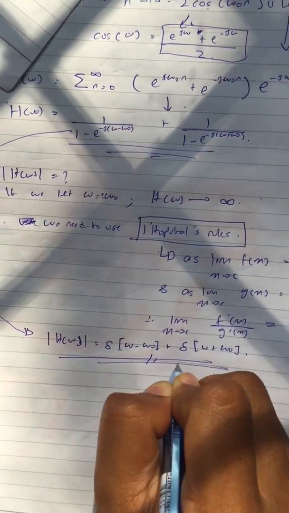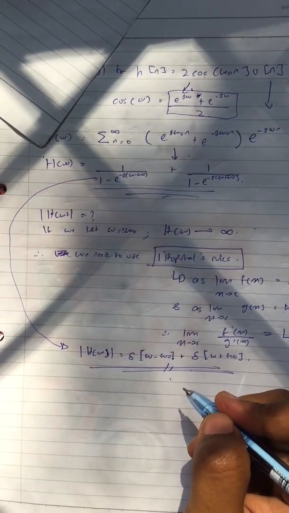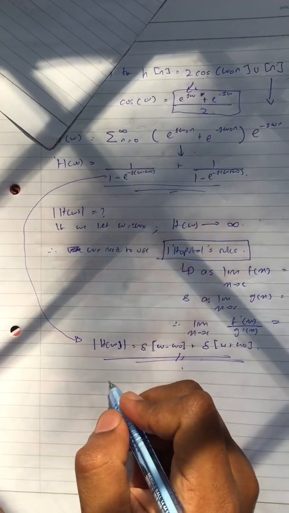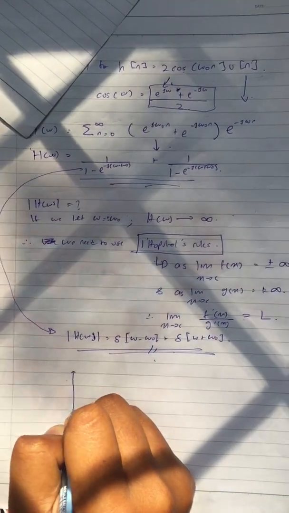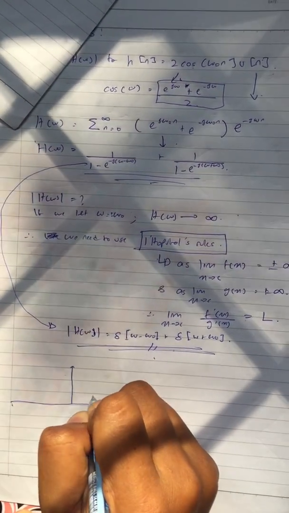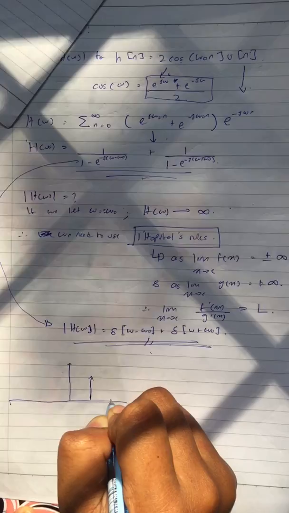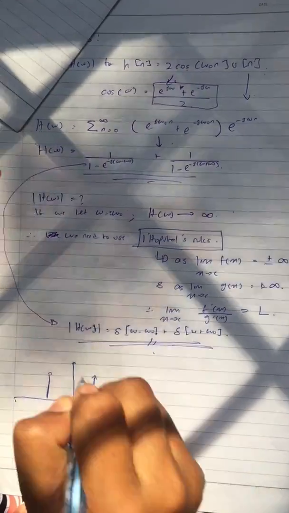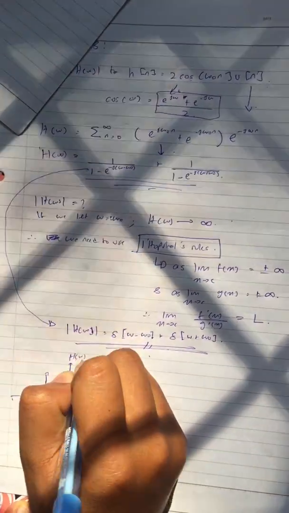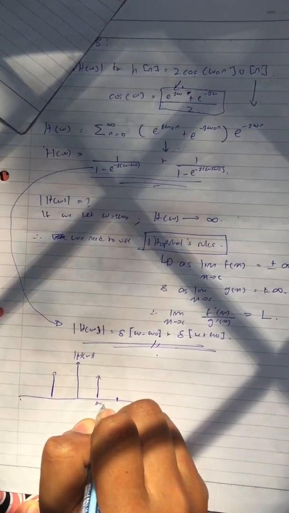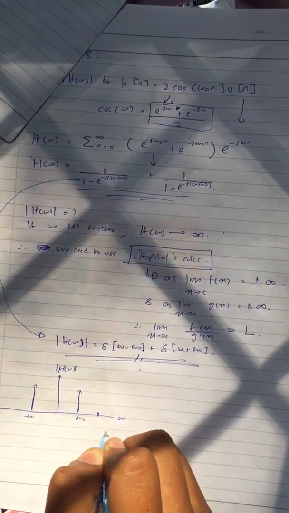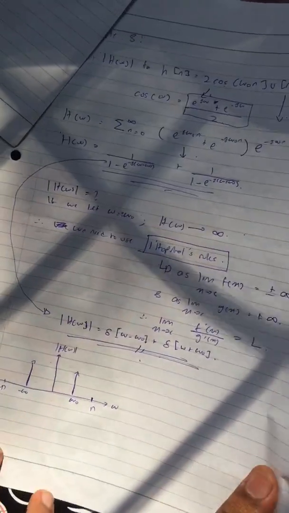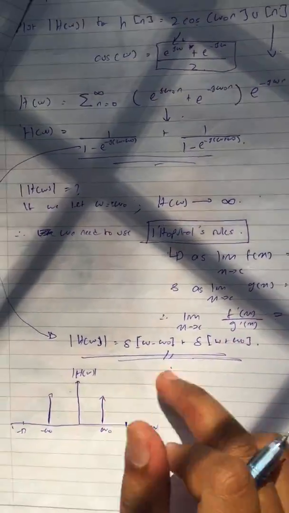So this is the final equation. From this we need to find the magnitude. So what is the magnitude for omega naught and negative omega naught? This is pi, this is negative pi. Okay, alright, so that is for example 3.